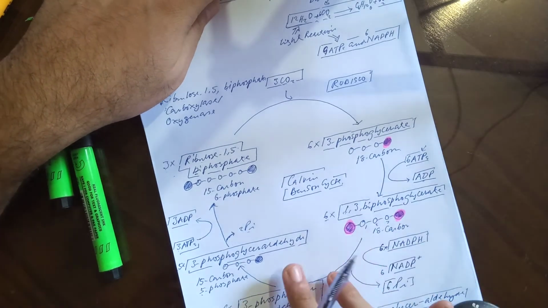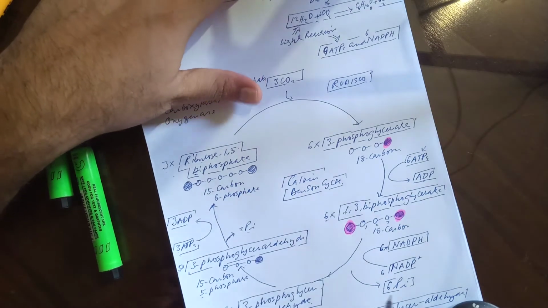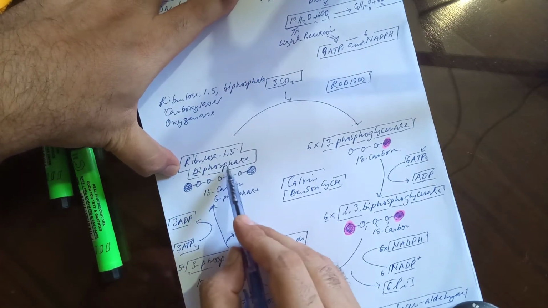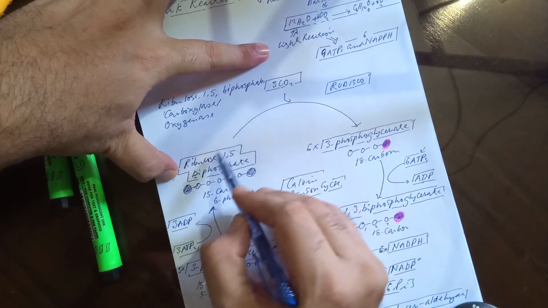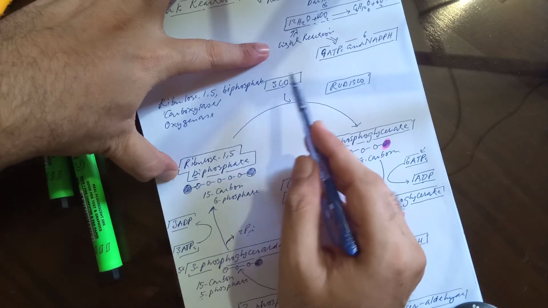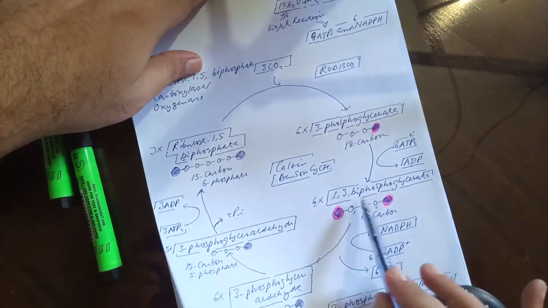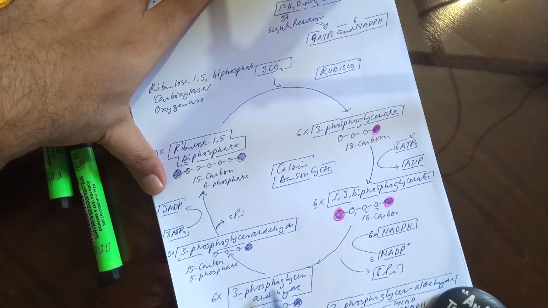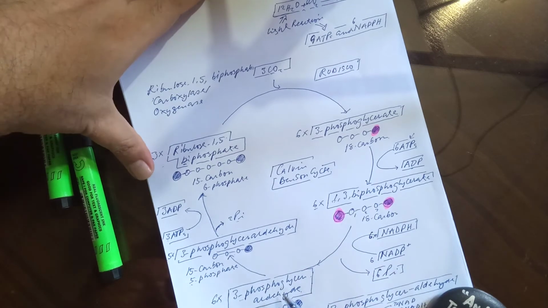Now what we are going to do is we are going to name these reactions. See, ribulose 1,5 biphosphate, when picked up carbon dioxide, we name this part of the cycle also. And where 1,3 biphosphoglyceric acid changes into 3-phosphoglyceraldehyde, we also have to name this part of the reaction too.